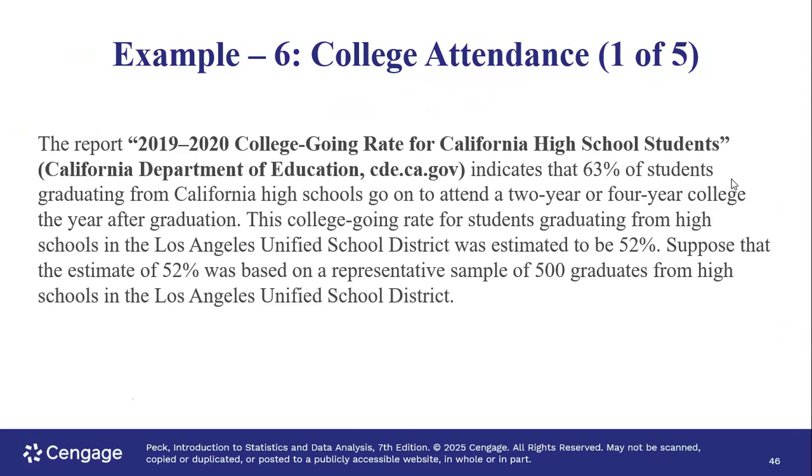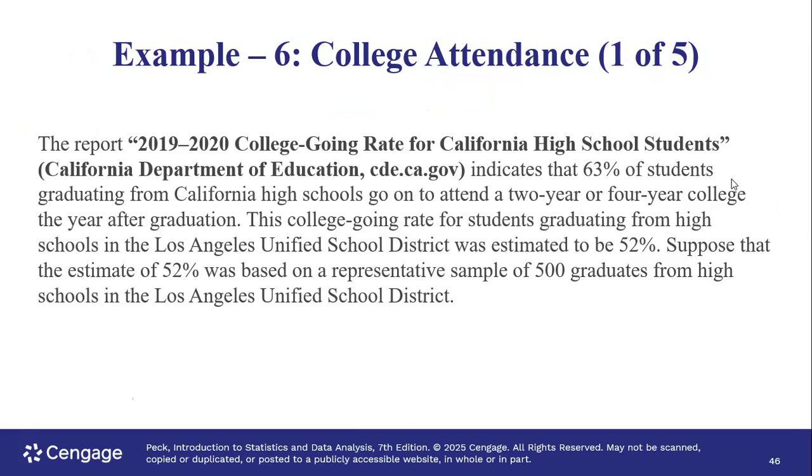The 2019-2020 college-going rate for California high school students indicates that 63% of the students graduating from California high schools go on to attend 2-year or 4-year college the year after graduation.